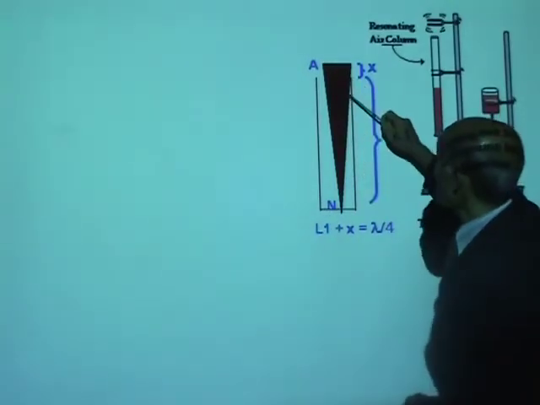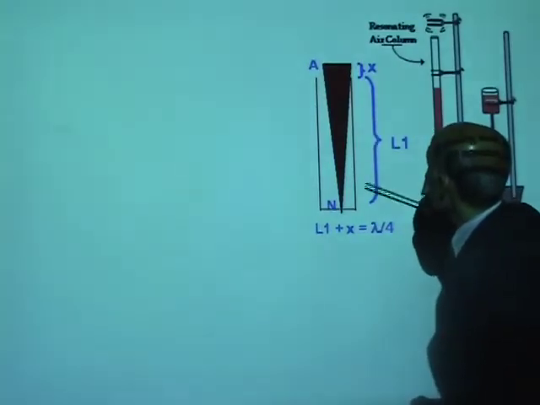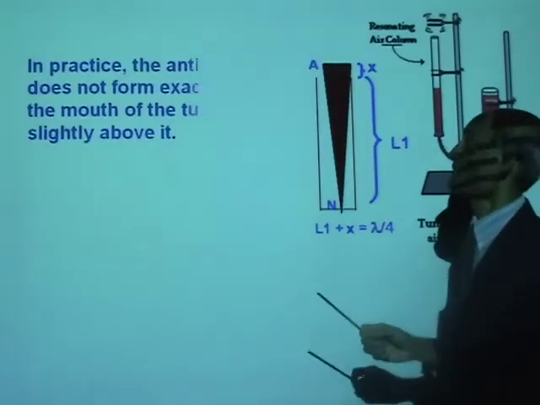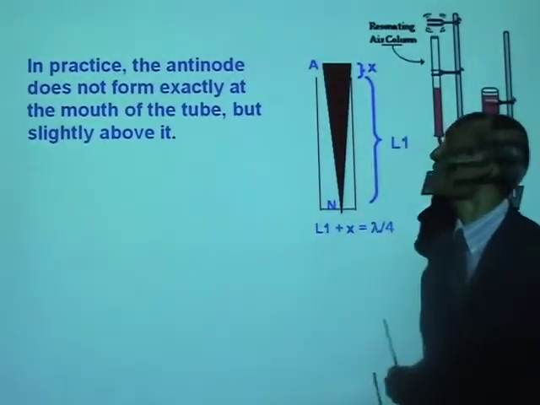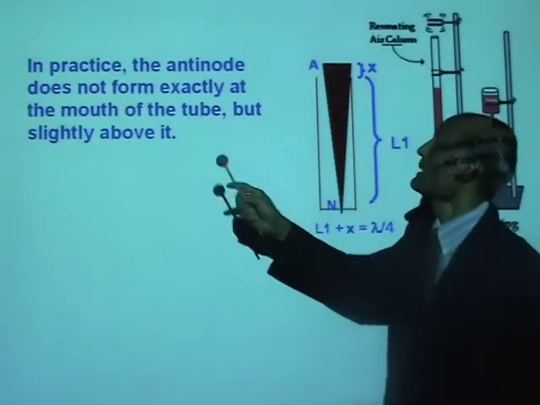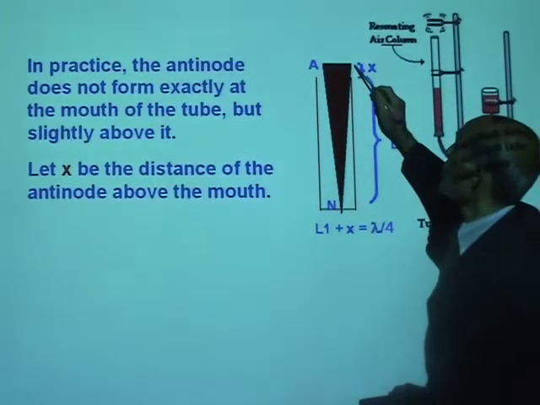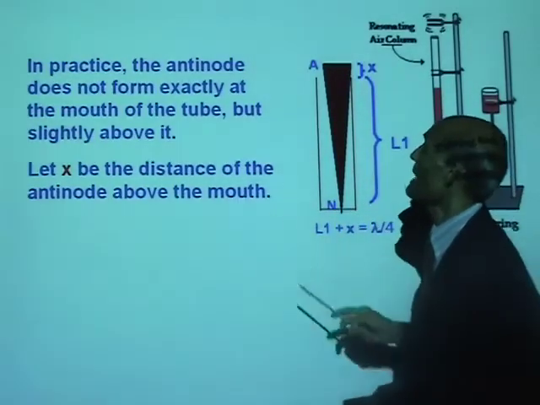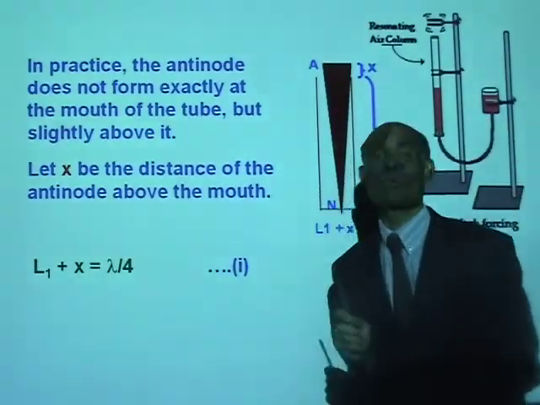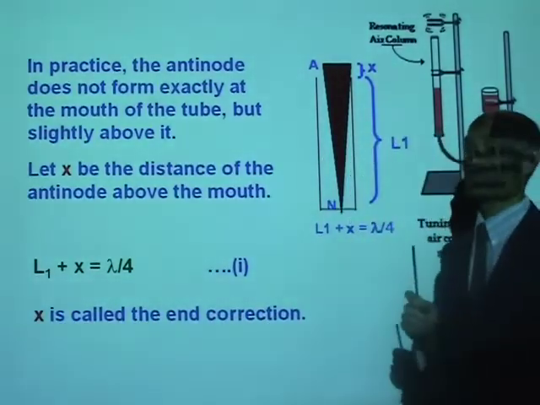That means a quarter wavelength is not really the length L1, but the quarter wavelength is L1 plus X. So in practice the antinode does not form exactly at the mouth of the tube, but slightly above it. Let X be the distance of the antinode above the mouth, then L1 plus X equals lambda by 4. Now X is called the end correction.